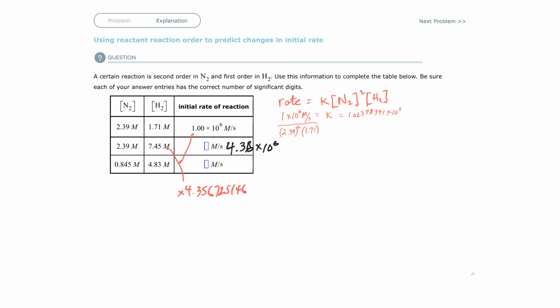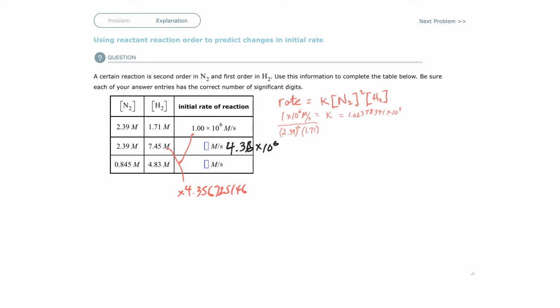Okay, so all I did was go up. If the nitrogen went up, remember you would have to take 4.36 and then square it, and then take that number and multiply by the reaction. Because it's squared, you'd have to square however much it went up. Since the H2 was just to the first power, whatever it went up, multiply that number. But if it's to the second power, you have to square it first and then multiply it by the amount.